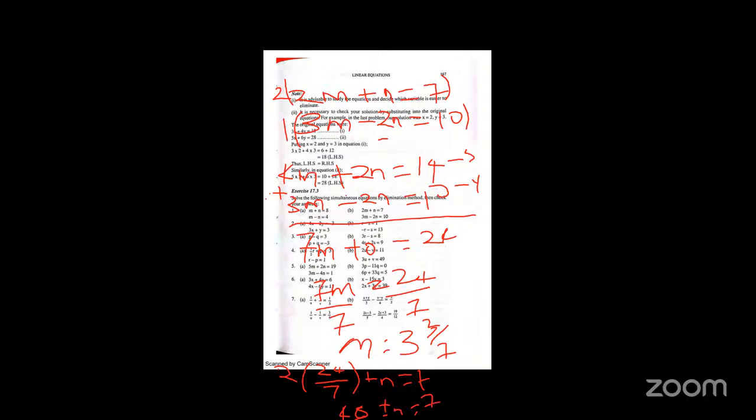We can collect like terms together. So this becomes n equals to 7 minus 48 over 7, whereby the denominator under 7 is 1.